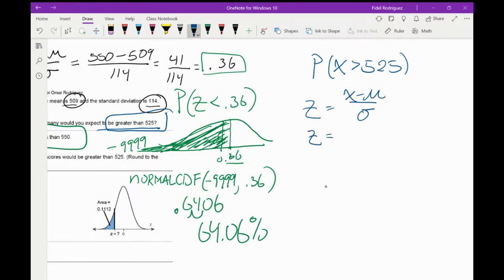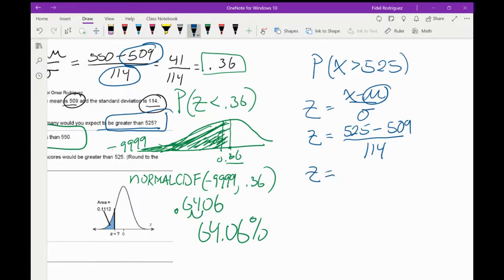Let's take 525 minus our mu. If you remember from part A, guys, our mu was 509, over our standard deviation, which was 114.